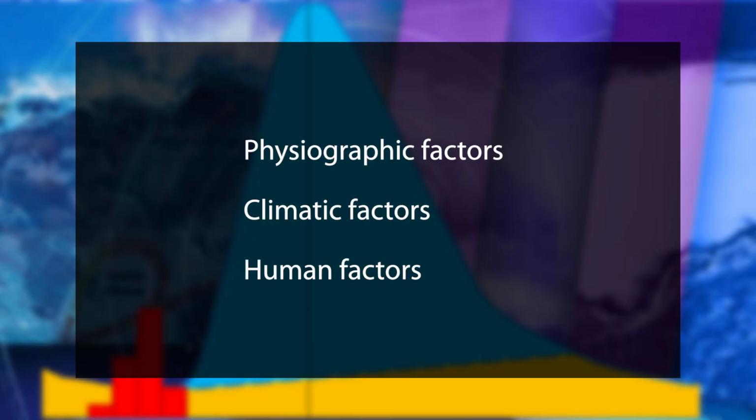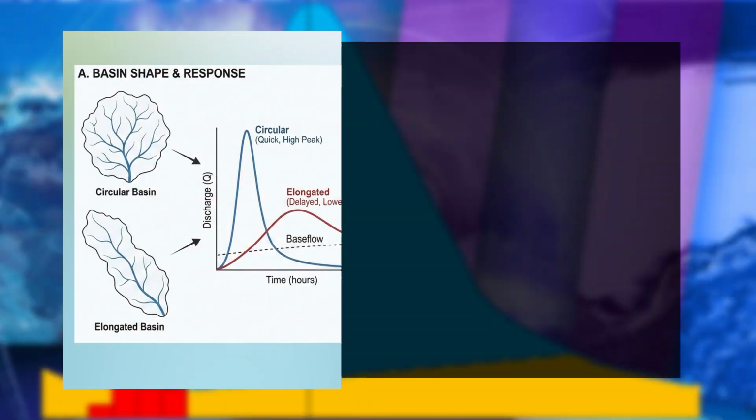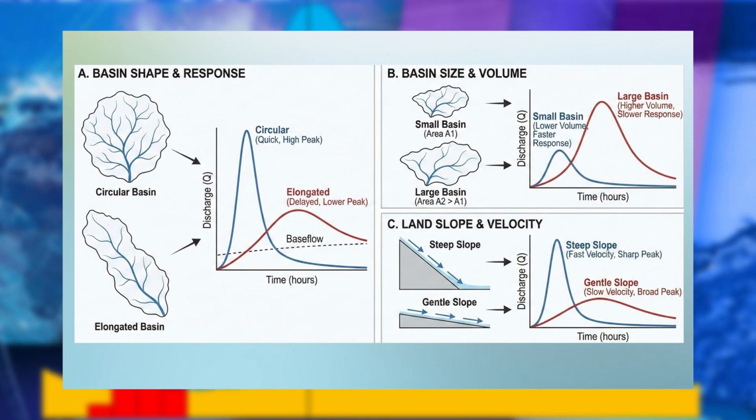The shape and characteristics of runoff are influenced by several interrelated factors. These factors can be broadly grouped into physiographic factors, climatic factors and human factors. Now, have a look at these factors. Physiographic factors include the shape and size of the drainage area.